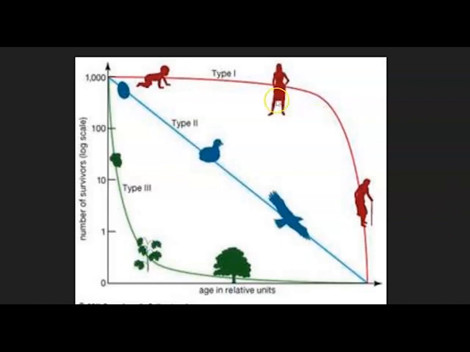You'll notice, in Type 1, you have the number of survivors. Most humans, elephants, and large mammals will survive and get to an older age before that population starts dying off.